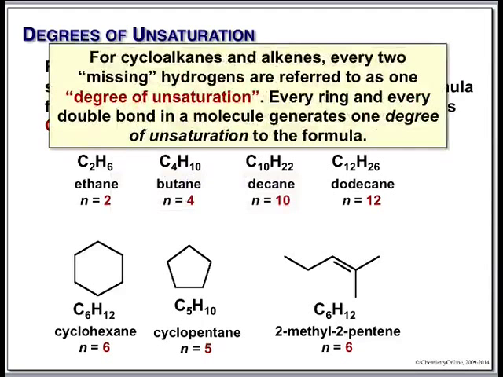A single degree of unsaturation means that your compound either has a ring or a double bond. And for every ring, you have one more degree of unsaturation. For every double bond, you have another degree of unsaturation.